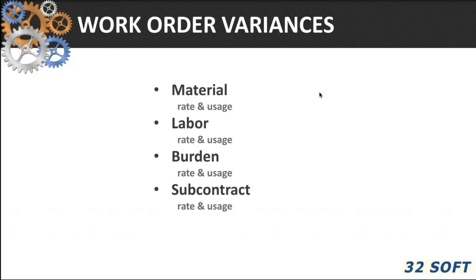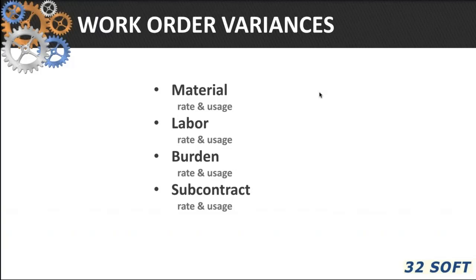Rate variance arises when the cost of the reported component is different from the standard. For example, if pay rates are defined in actual pay rate maintenance, rate variance is calculated as the difference between actual employee pay rate and the standard rate for the work center for work order labor reported.